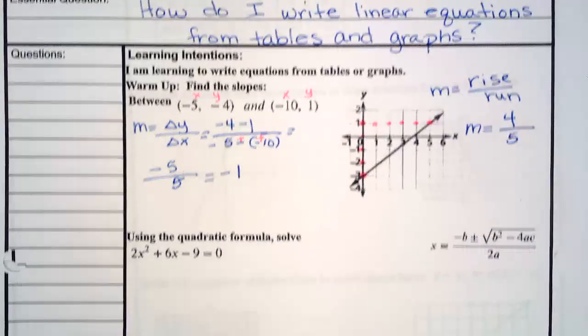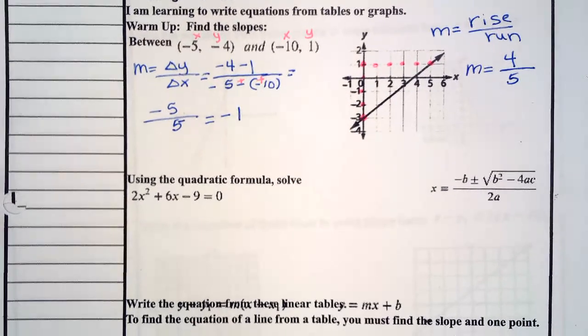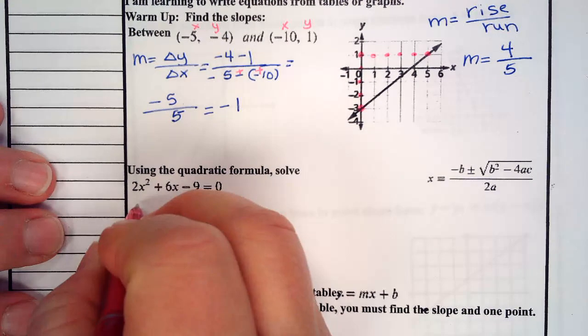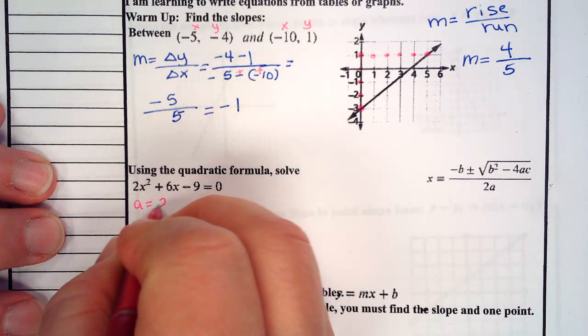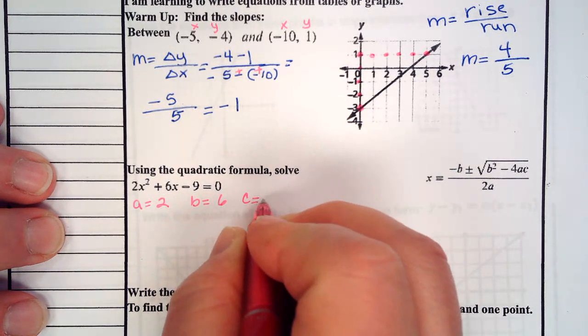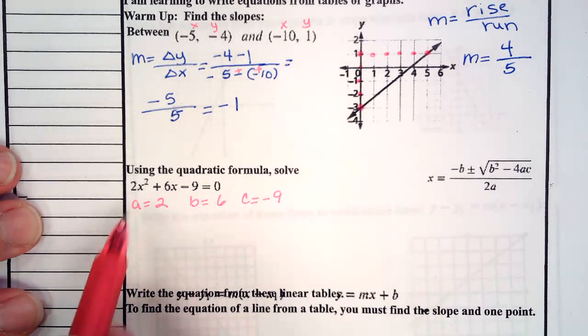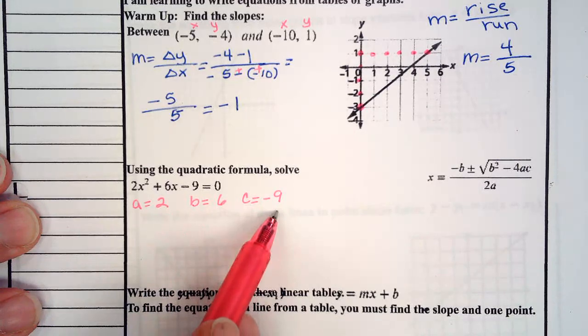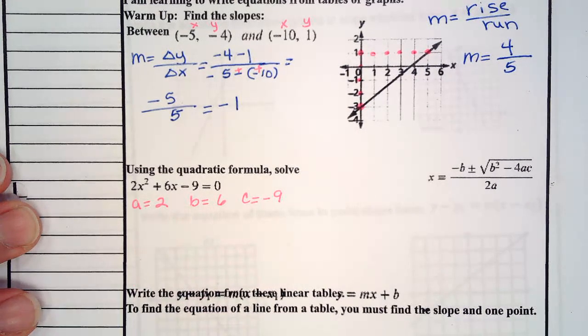Okay, we're continuing to work on the quadratic formula because a lot of you still struggle with the formula itself. Step 1 is to always identify A, B, and C. Okay, so A is equal to 2, B is equal to 6, C is equal to -9.